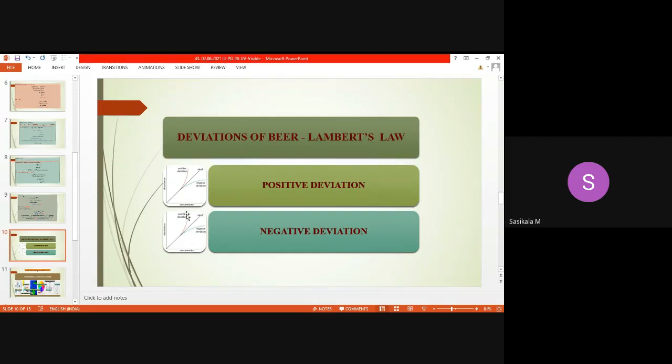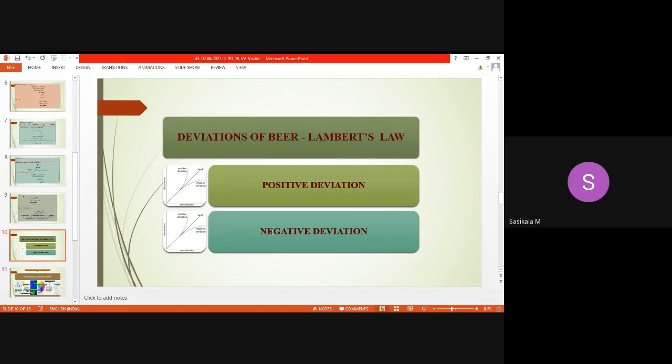You may expect a positive deviation when, between successive concentrations, any variation occurs, either more dilution or otherwise. You will be preparing concentrations with the same difference between them, like 2 4 6 8 or 1 3 5 7. Likewise, you need to prepare the concentrations.